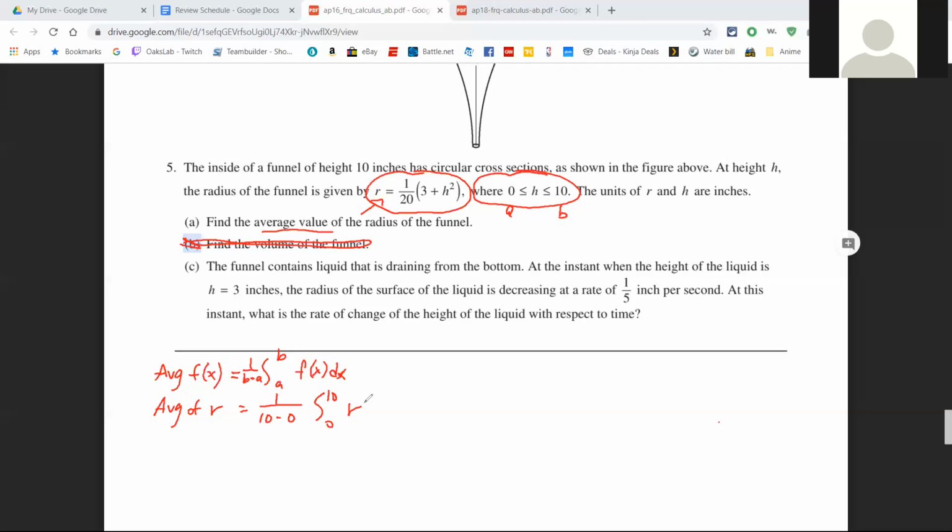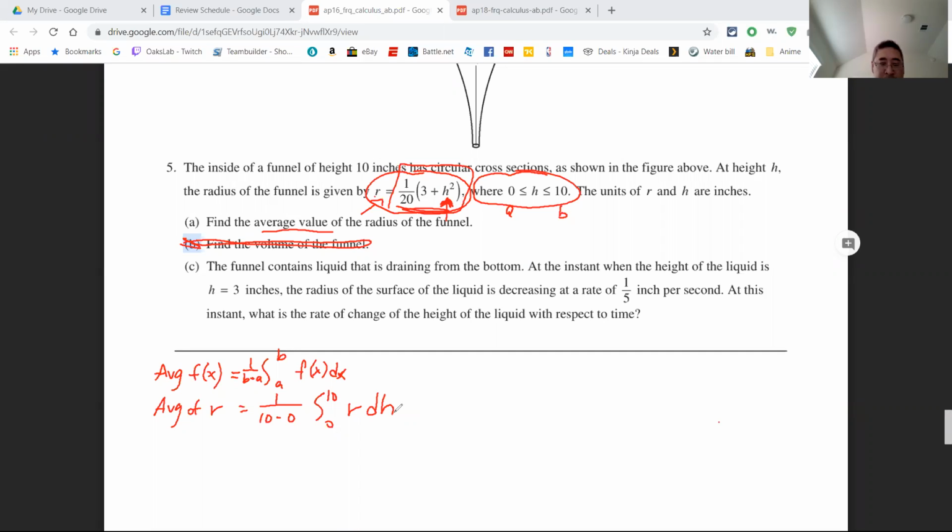And you gotta be careful of what you put on the right side. What variable are we integrating here? If you look at this, R is this one right here. Mhm. So we're gonna be integrating only one type of variable here, H. So that's why I put DH. Okay.